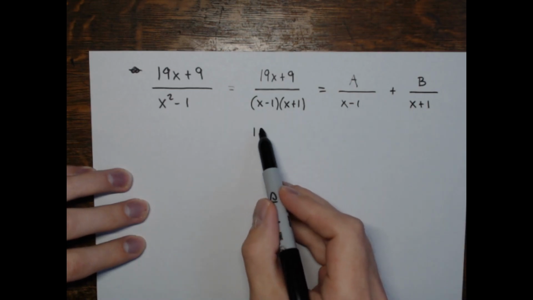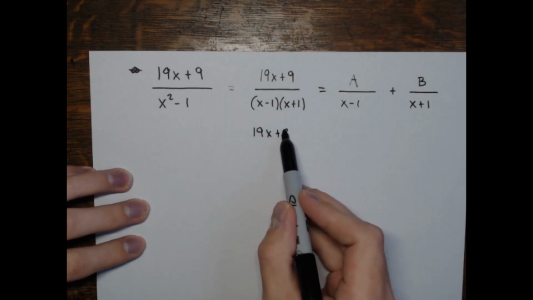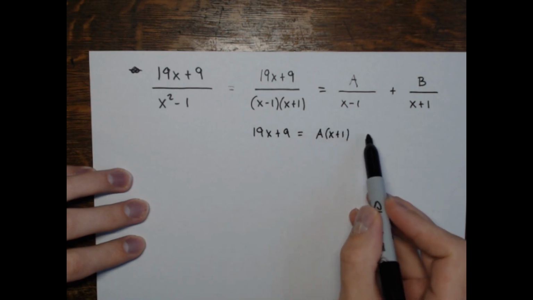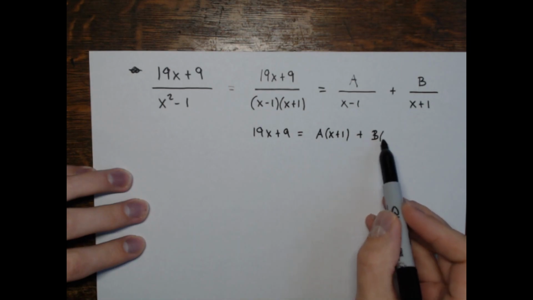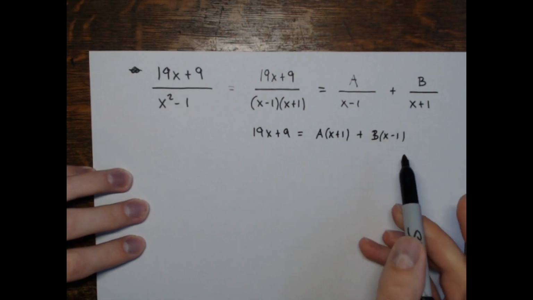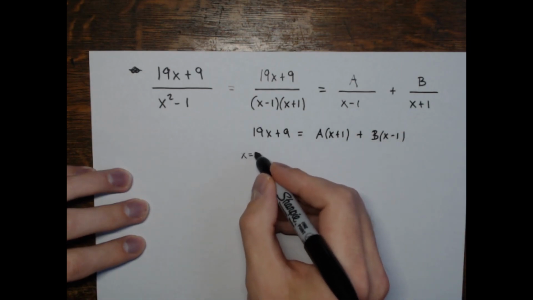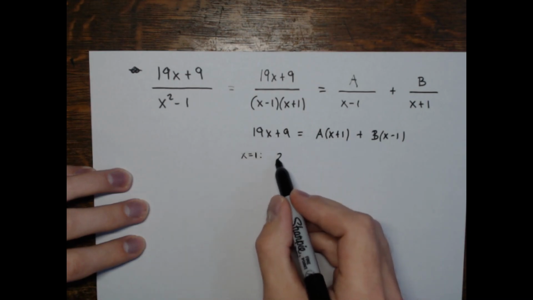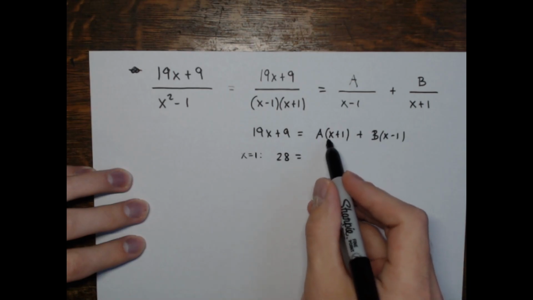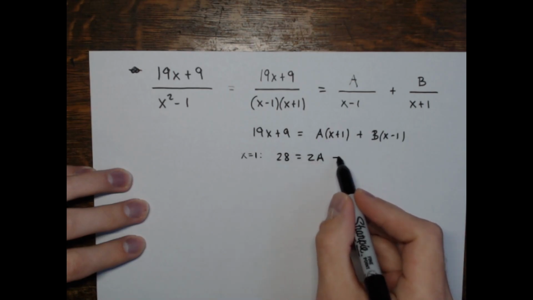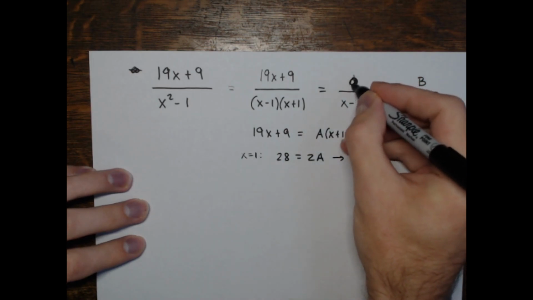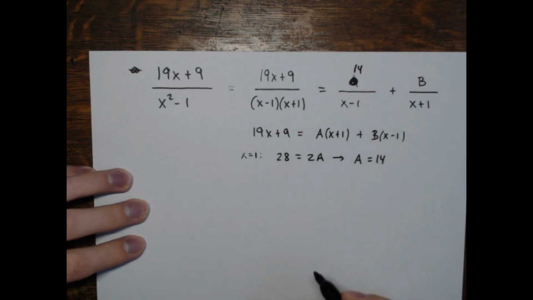Multiplying through by the denominators, we get 19x plus 9 must be equal to A times x plus 1 plus B times x minus 1. When x equals 1, I can solve for A. We'd have 19 plus 9, we'd have 28 over here equals 2A. So A would be 14, right?